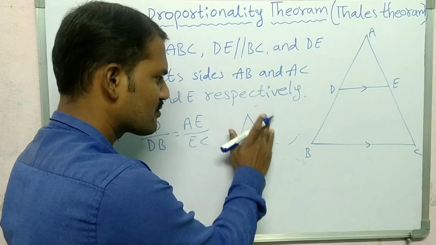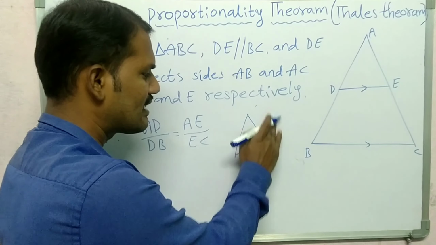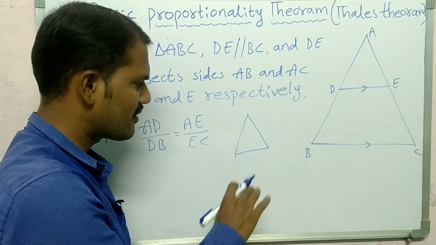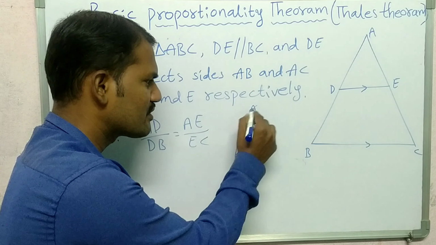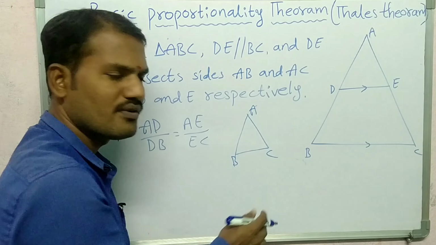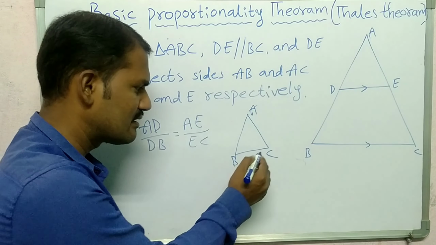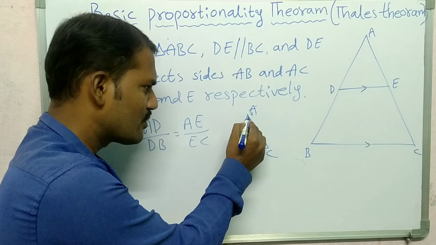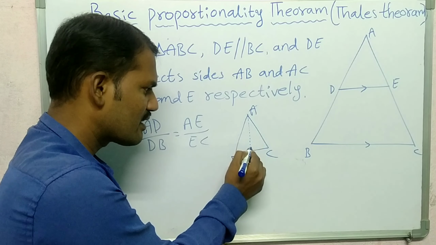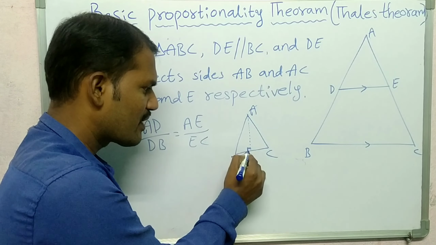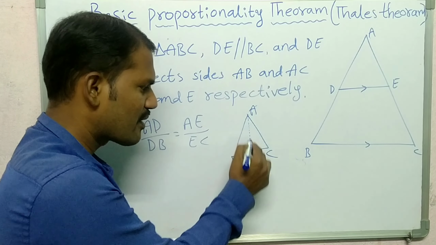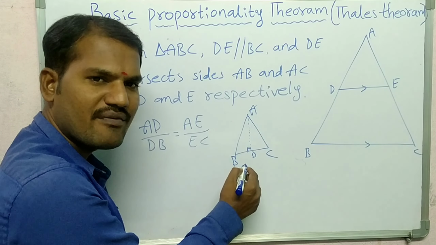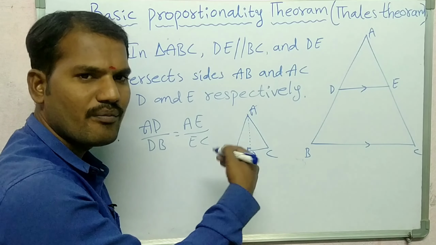Otherwise, if it is an isosceles or scalene triangle, or an acute angle triangle, what do we do? Suppose here ABC is one triangle. In this, from the vertex A opposite BC, draw one perpendicular line. Here AD is perpendicular to BC. Area of triangle equal to half of base into height.